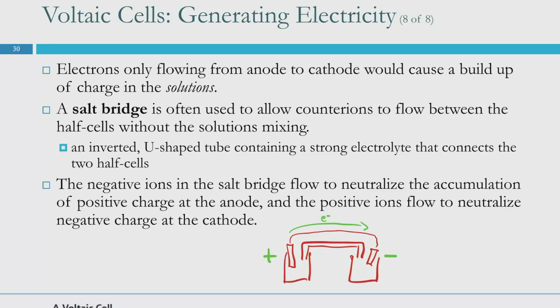So in our salt bridge, we would have a buildup of positive charge at our anode. That's where our electrons are leaving, and so our negative ions are going to flow this way. In the example, this was nitrate. So we've got nitrate flowing towards the positive side, because that would neutralize the charge.